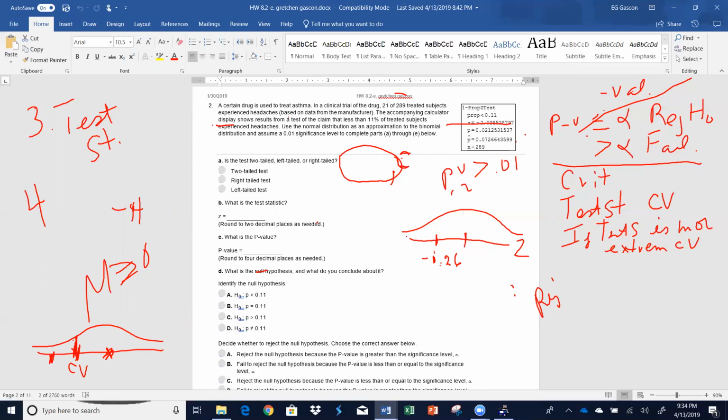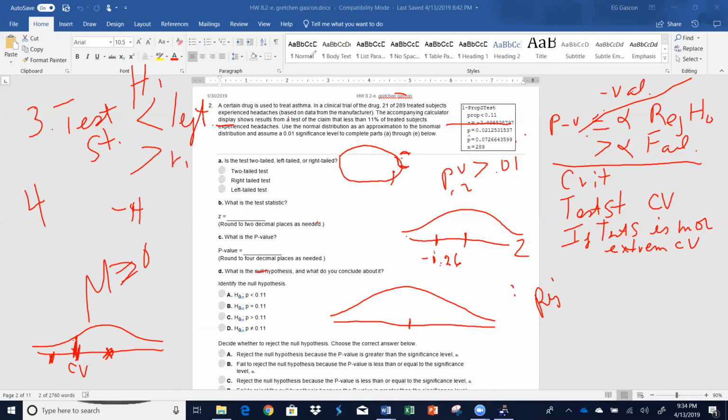What I mean by extreme is this. Okay? So you draw a normal curve and you write down the critical value. Look at H1 now. If it has this symbol, it's a left-tailed test. If the H1 has one of those symbols in it, it's a right-tailed test. And if it has this symbol in it, it's a two-tailed test.